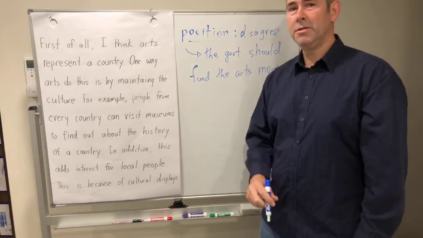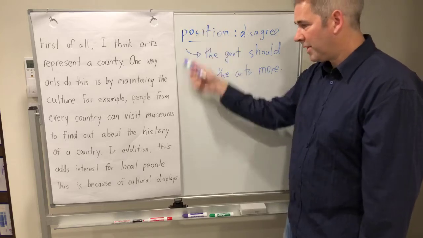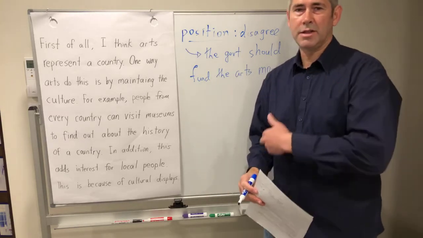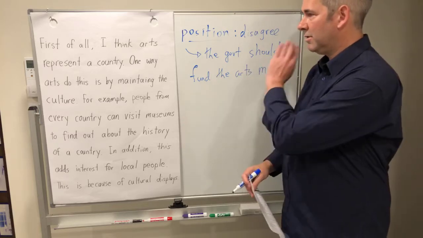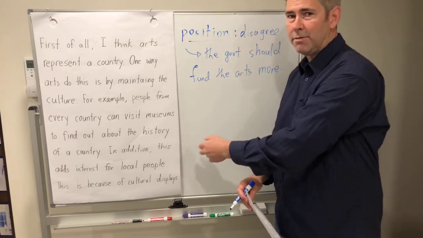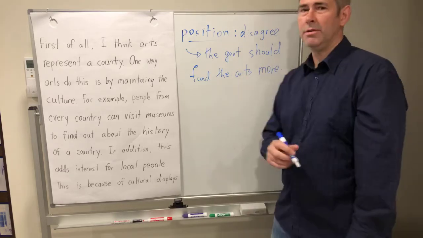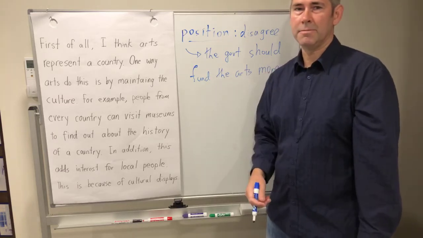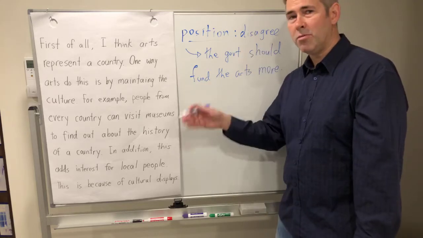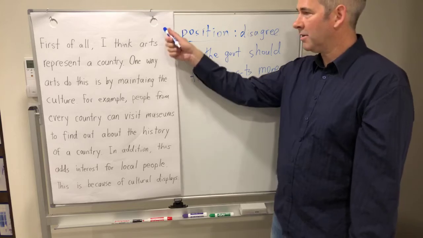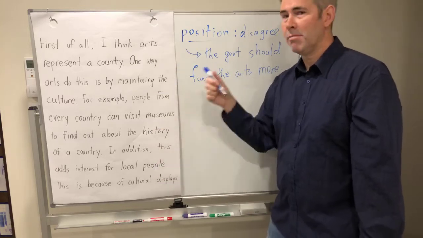What I want you to do, take some time, read this main body paragraph. Now, this is a really good way of deconstructing writing. I want you to read through this main body paragraph. What is the main point to support the position that the student is taking here? So, what's the main point to support the position that the student has taken in this main body paragraph?